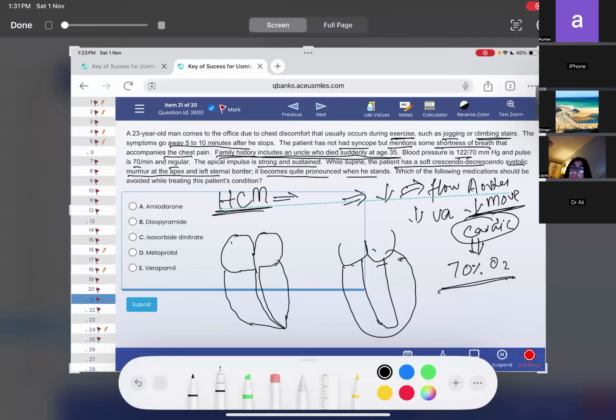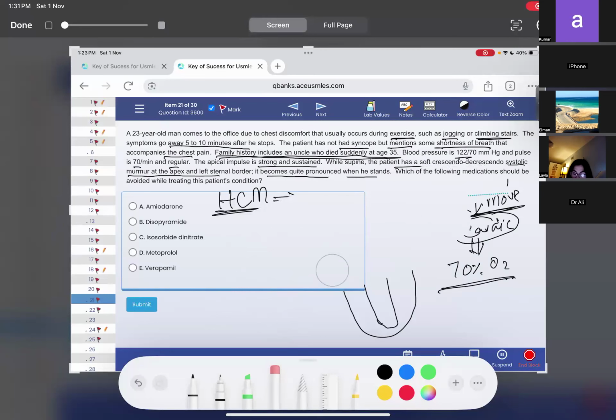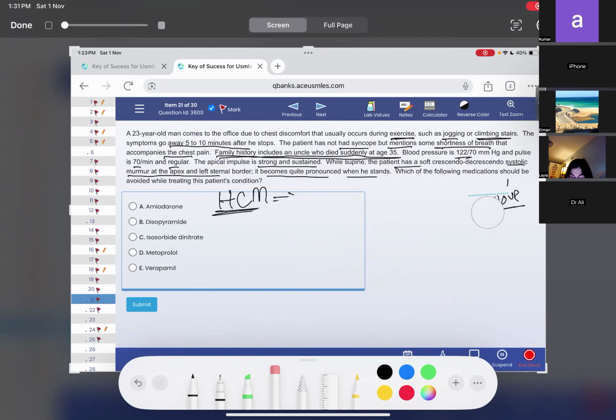Okay, doctors? So we avoid those types of drugs that will decrease the venous return.